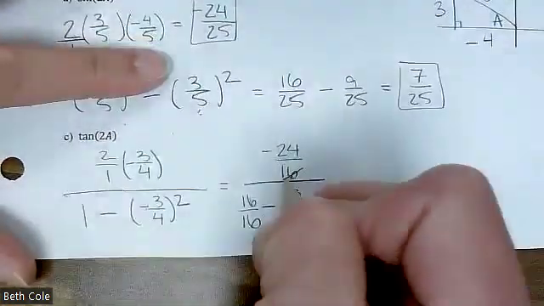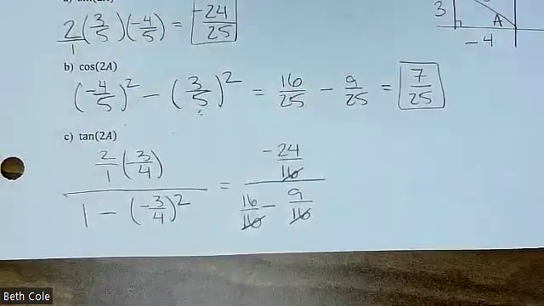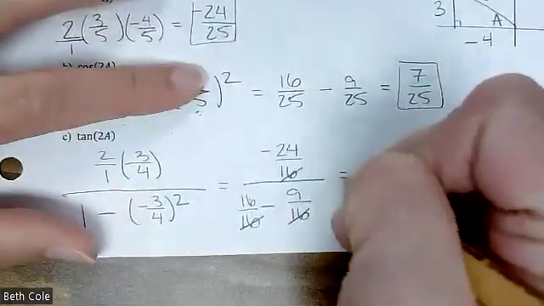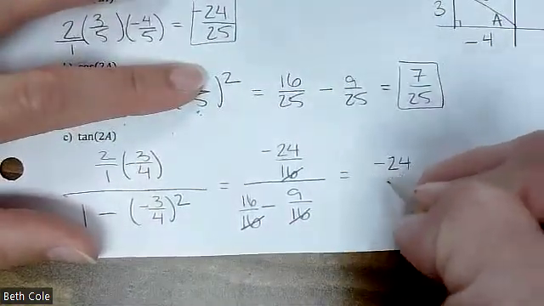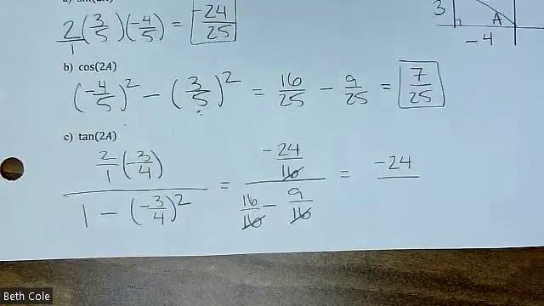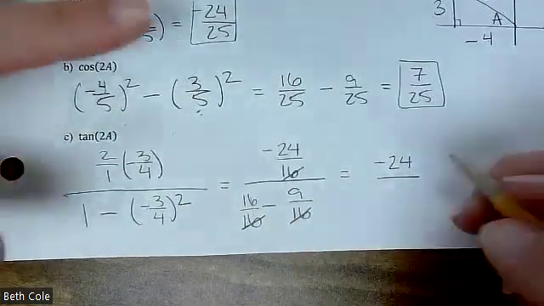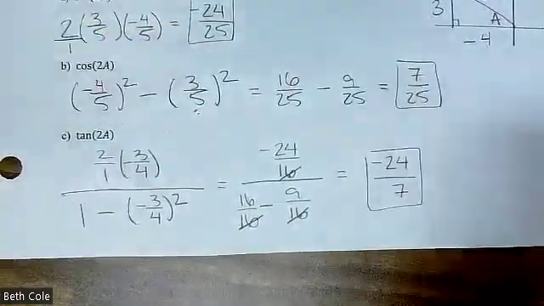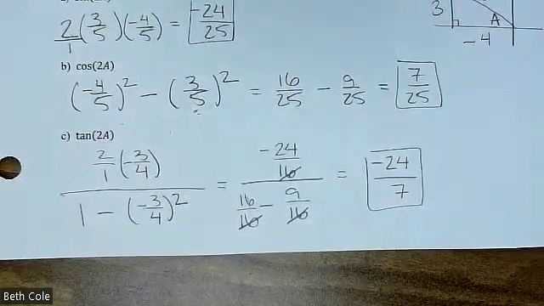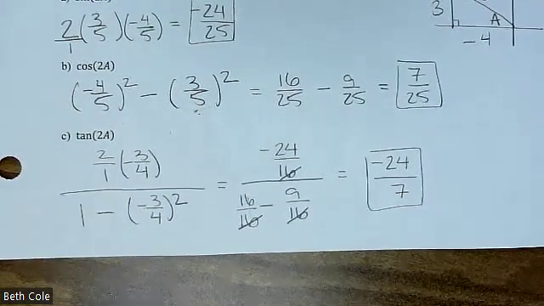Okay, so watch, this is what's going to happen. They're all going to go away. So that's why I recommend that. So it comes out to -24 over, and then down there you've just got 16 minus 9, so 7. Good. Again, lots of other ways you could get through that. You can get a common denominator and put things together. I just kind of like make them all the same and then cancel them out.